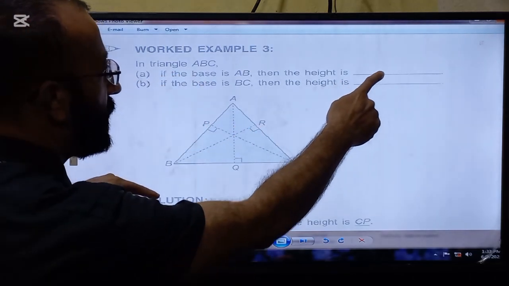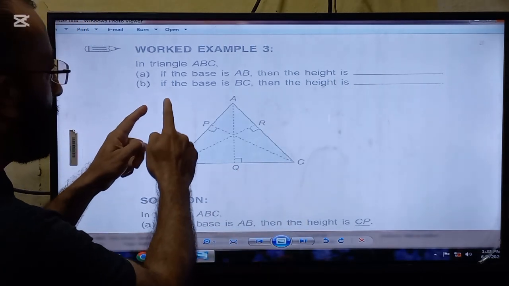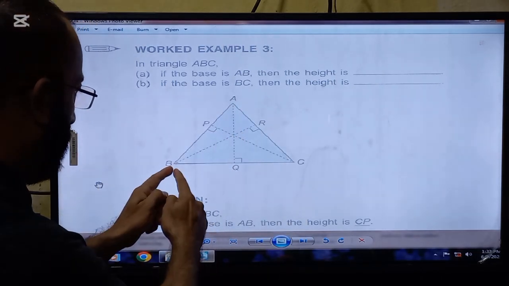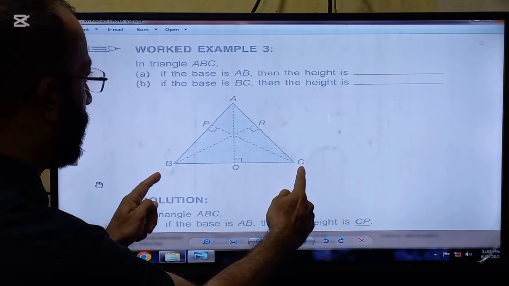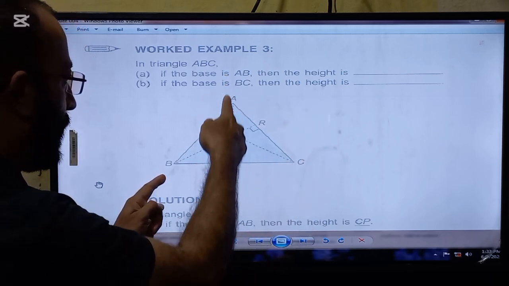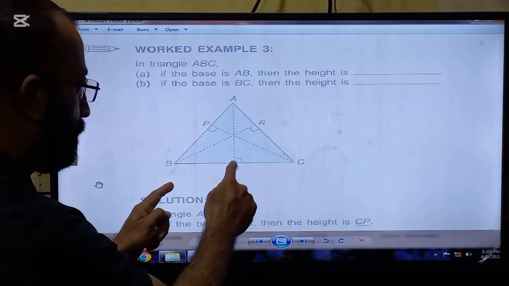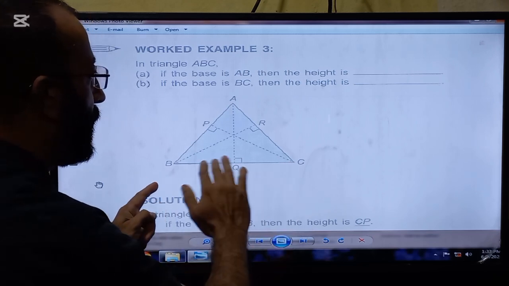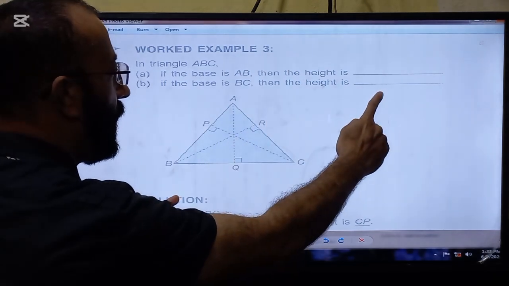So the answer is CP. In B part, if the base is BC, then the height is AQ, because this is perpendicular to this base. So the answer is AQ.